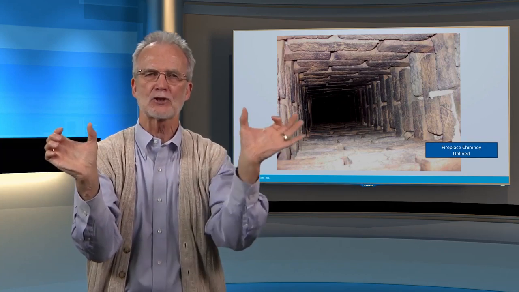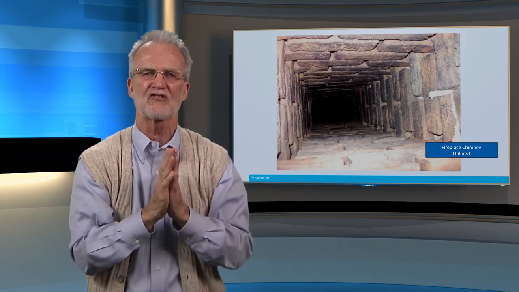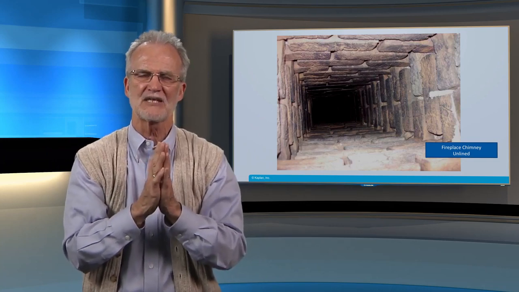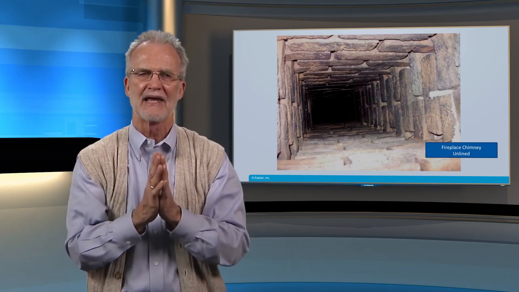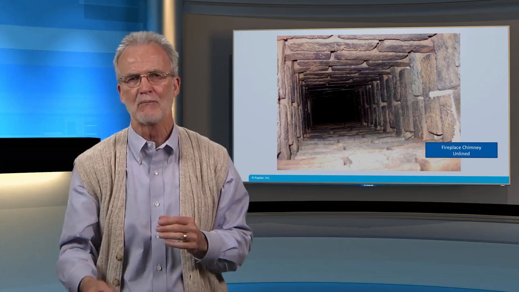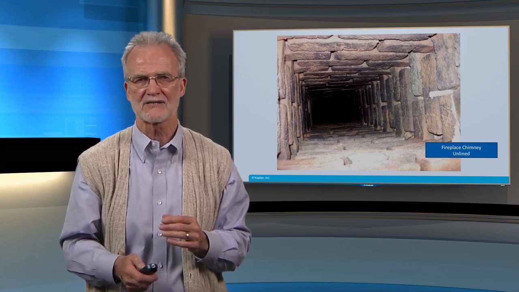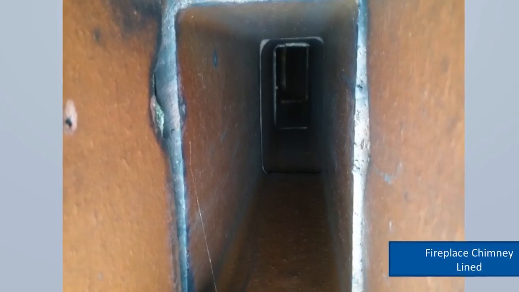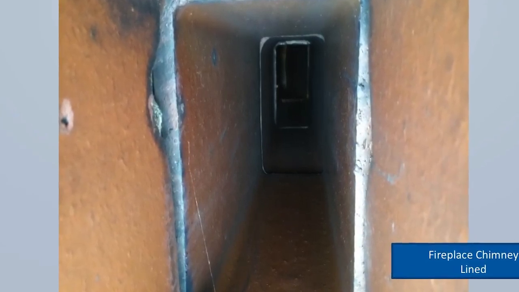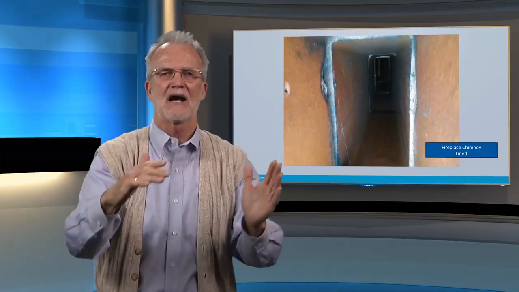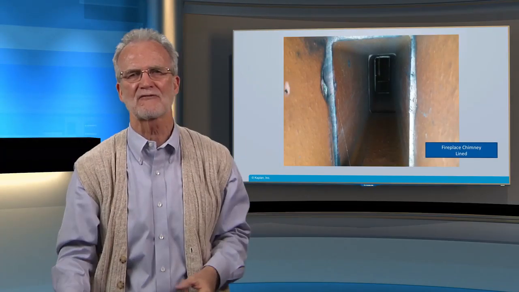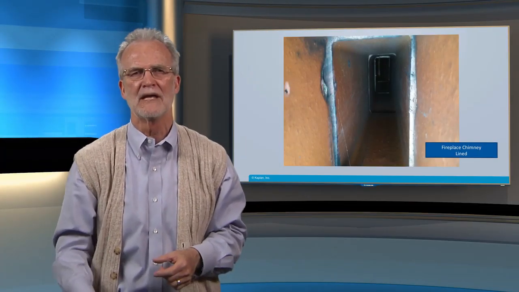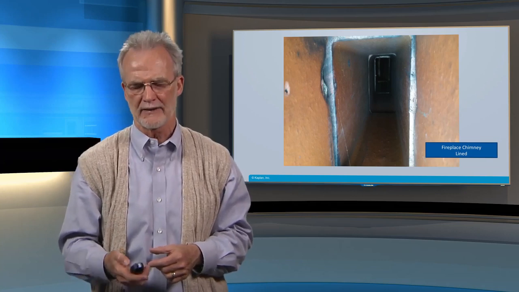It would have to be two or three wythes thick in order for that to be safe to continue to burn as a wood-burning fireplace. Keep in mind, too, that when you have lined chimneys, there has to be an offset. Otherwise, you're going to get backdrafting coming into the room that fireplace is located in.